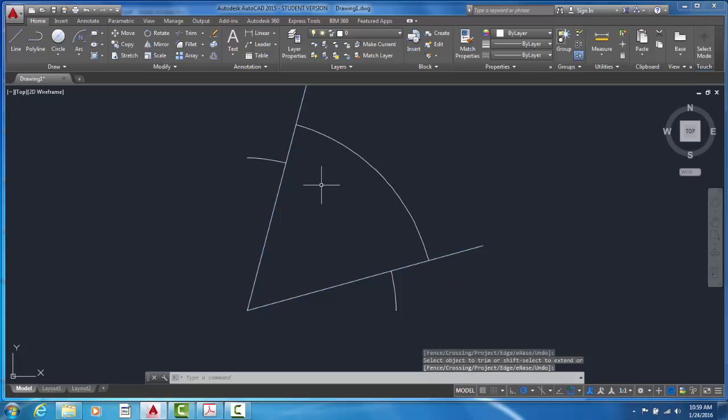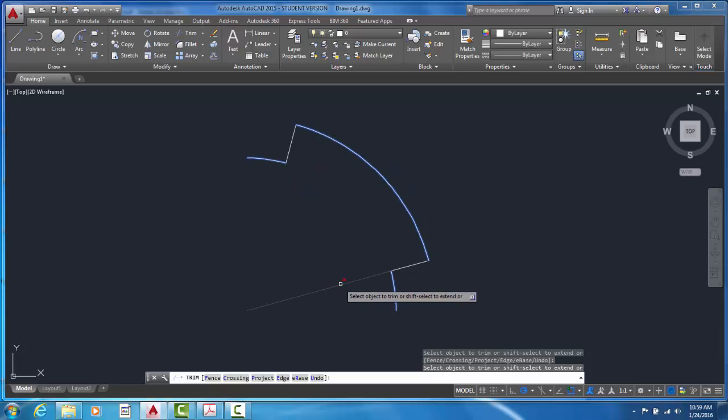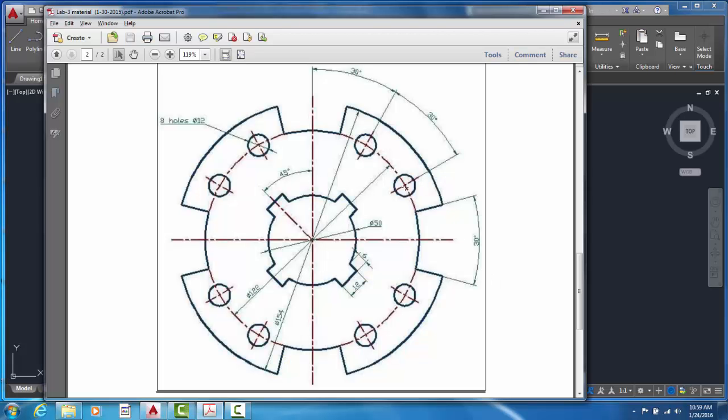At this point, I can also remove the portions of my construction line that I don't need. Next, we'll deal with the holes.